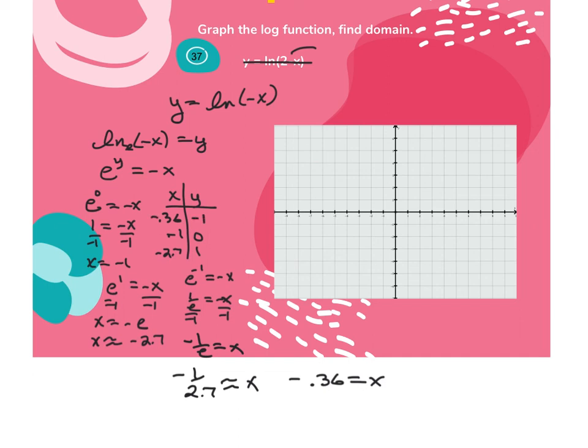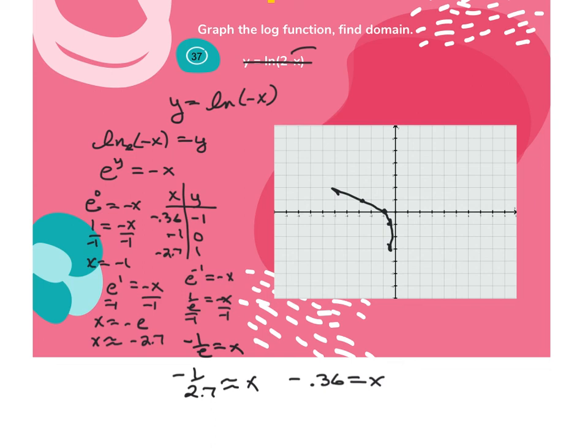So let's go ahead and graph these points. So (-1, 0), and (-2.7, 1), almost to the 3. And then this tiny fraction here, (-0.36, -1). So I can go ahead and connect the points.